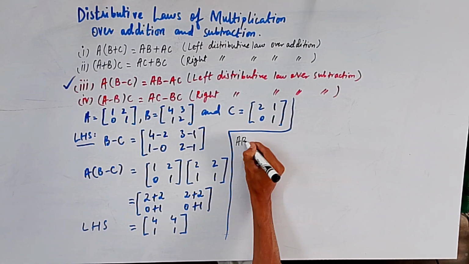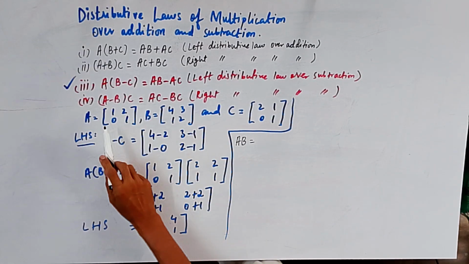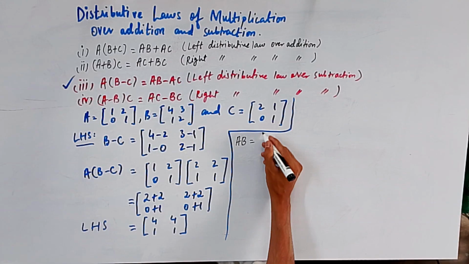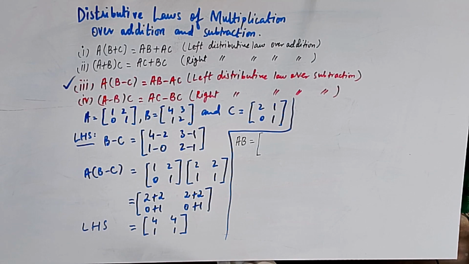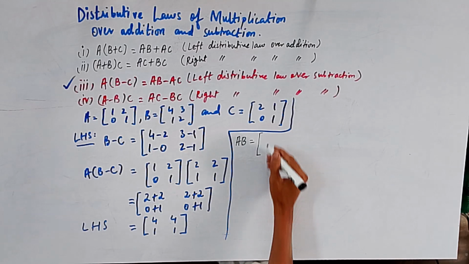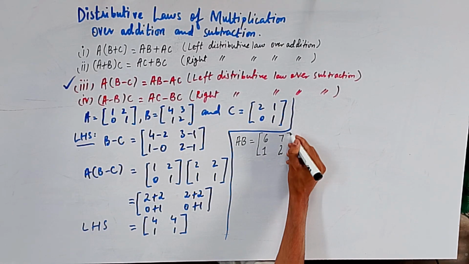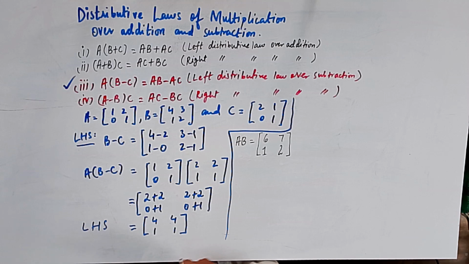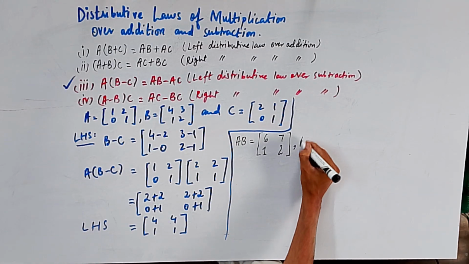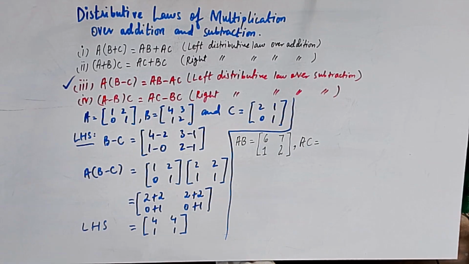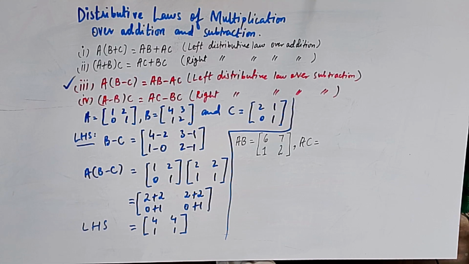You can do the multiplication of A and B by yourself, and you can check that you will get the answer [6 7; 1 2], right? And then A multiplied by C, you can do by yourself. A multiplied by C will be [2 3; 0 1].